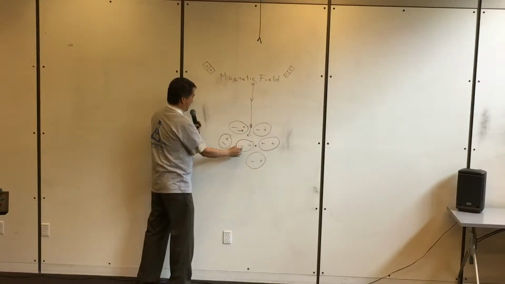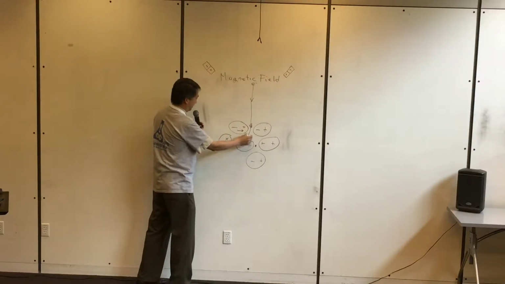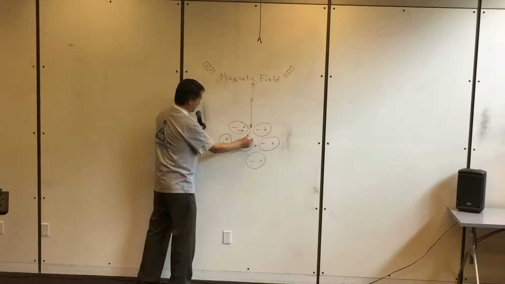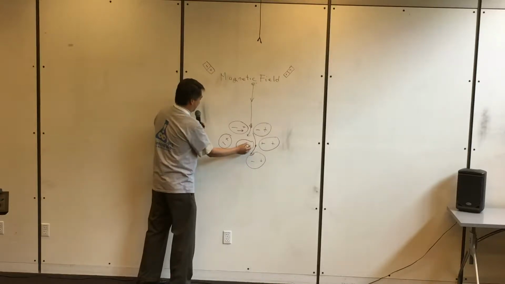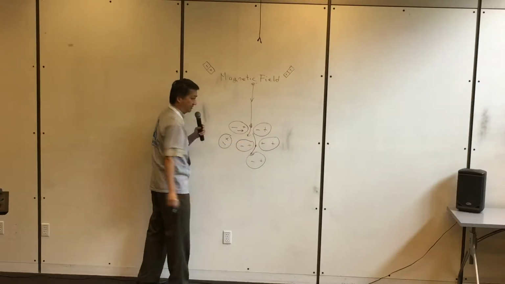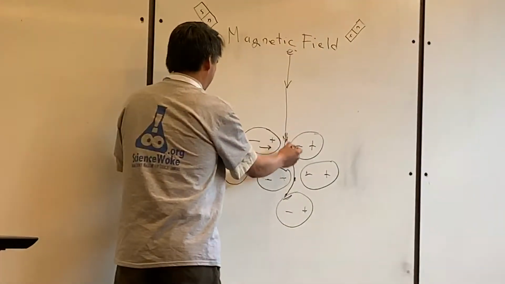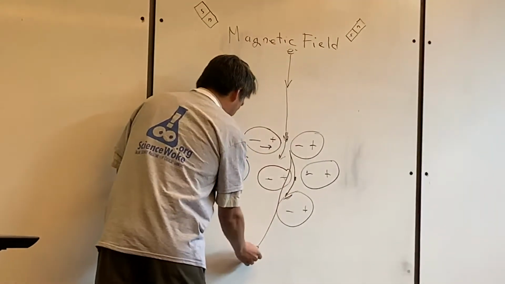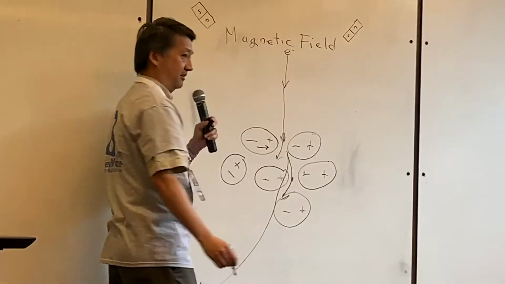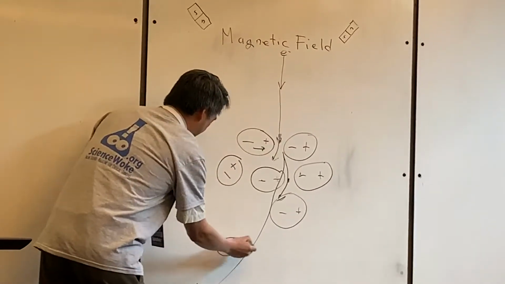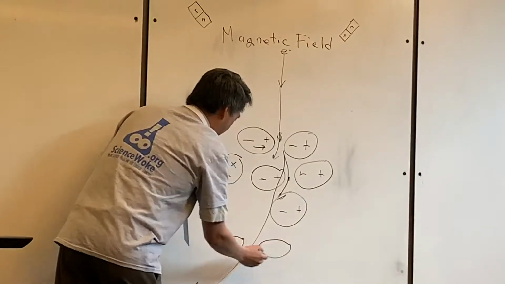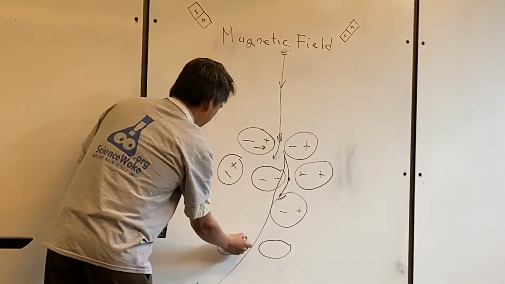Now as it continues going through the dipoles here, it continues to see that same situation where there's a plus on one side and the same negative on the other. So as the electron keeps on heading through here, it gets a net deflection. It's basically just because it keeps on seeing the same dipoles all along the way.